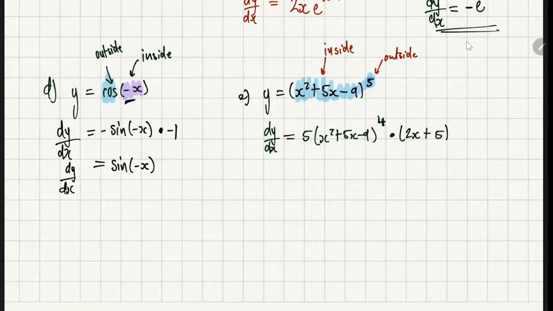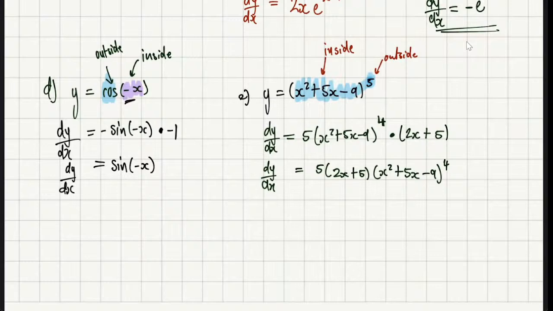The derivative of negative 9 is nothing. So this is what you remain with. And if you want, you can write it this way: 5, open bracket, 2x plus 5, close bracket, open bracket, x squared plus 5x minus 9 to the power of 4. They multiply each other. This is what you show.